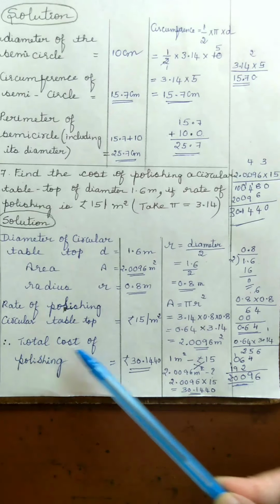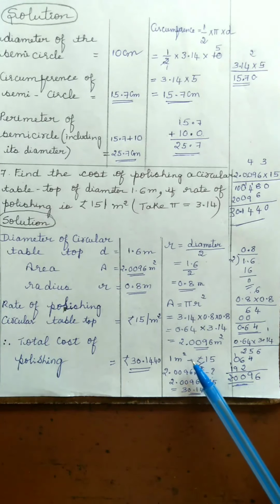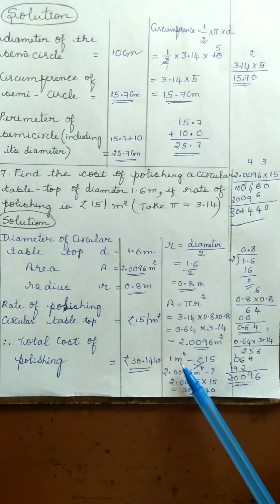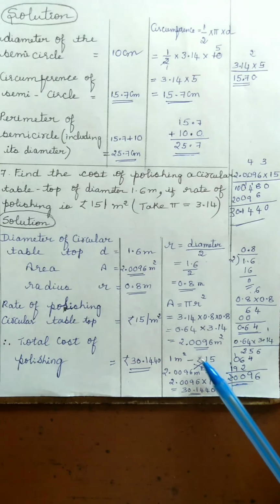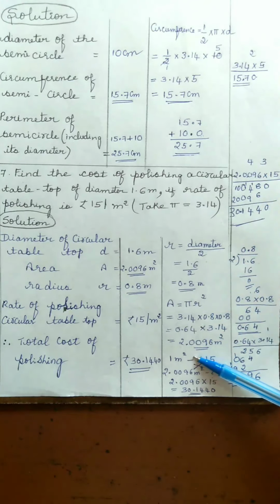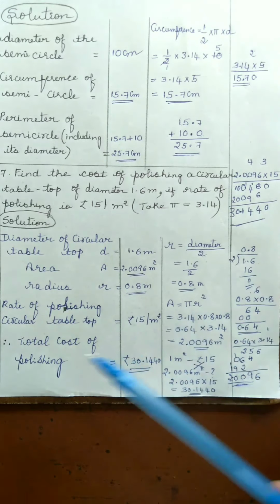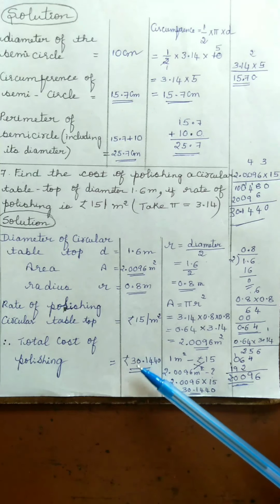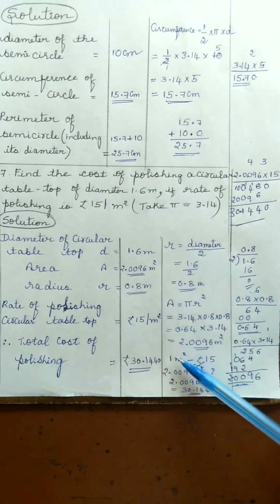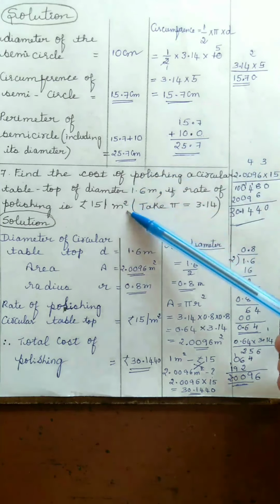To find the total cost of polishing, children, we applied the method: for 1 meter square it is rupees 15, therefore for 2.0096 meter square it is how much? On cross multiplication and using this simplification, we got the answer 30.1440, which is the total cost of polishing the circular tabletop, rupees 30.1440 or rupees 30.14. This is the method, and these are the simplifications used in this problem.